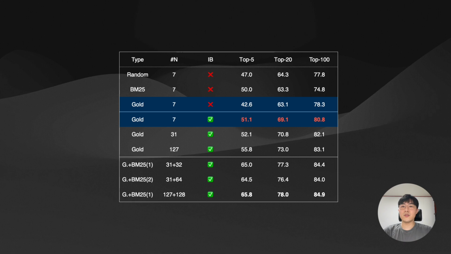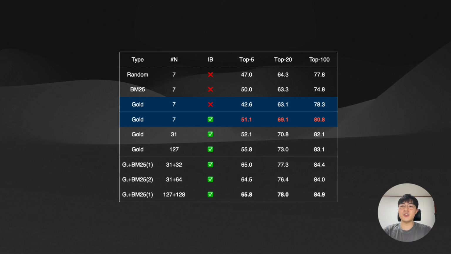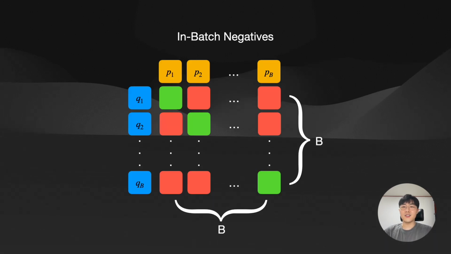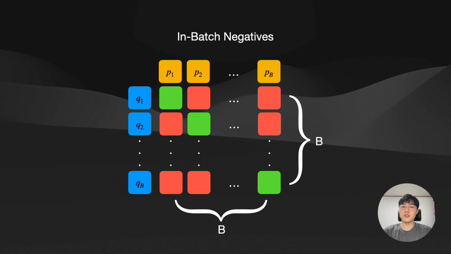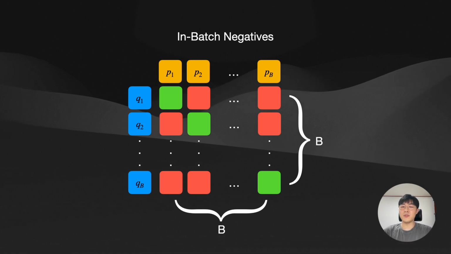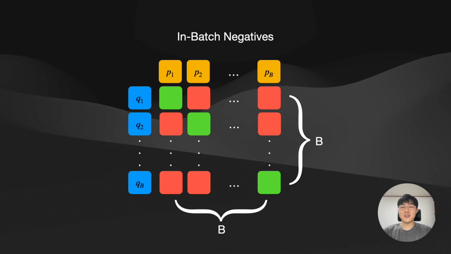Next, in order to understand the transition from the first block to the second block, you should understand the concept of in-batch negatives. Assume that we have B questions in a mini-batch and each one is associated with a single relevant passage. Q1 and P1, Q2 and P2 for example in this figure. Let Q's and P's be question and passage embeddings.